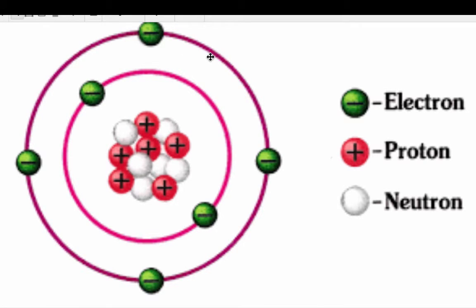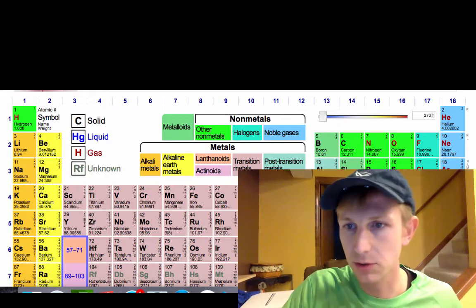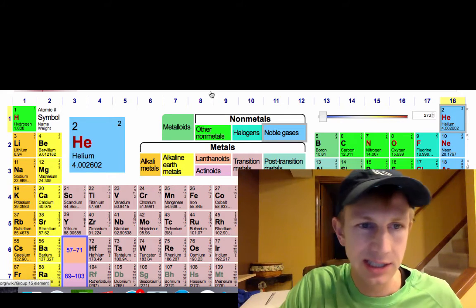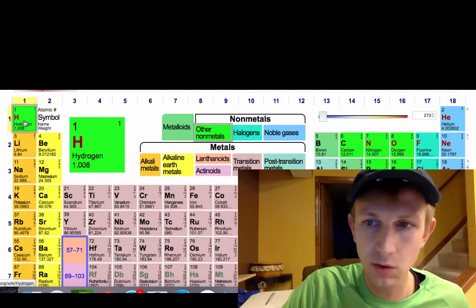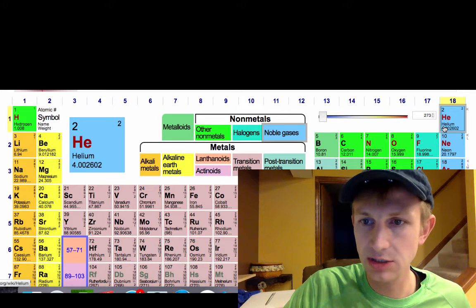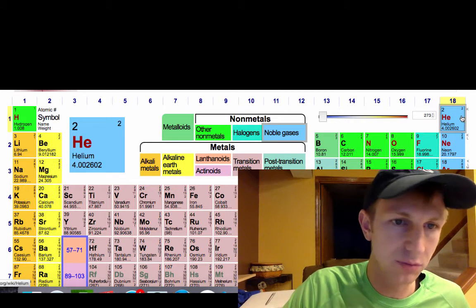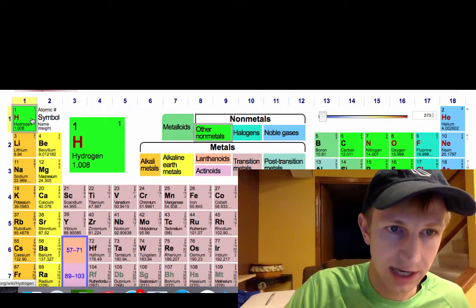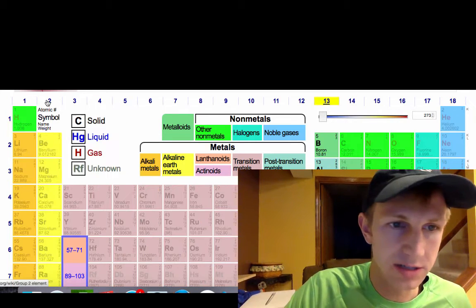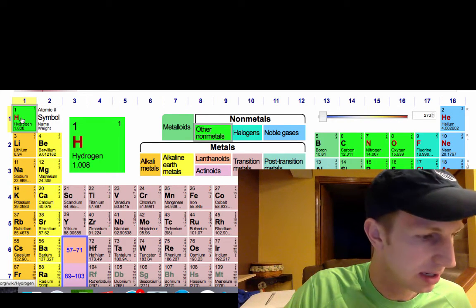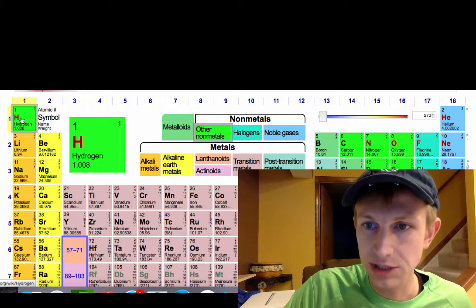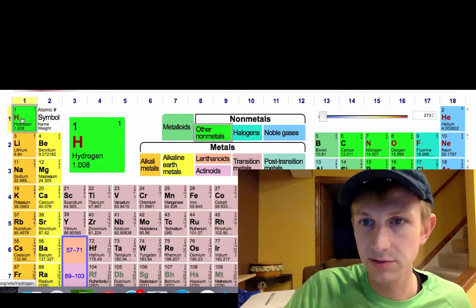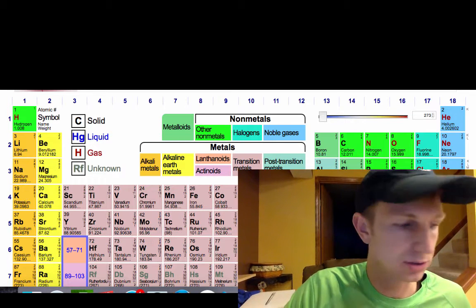So there are 2 exceptions to that, and we're going to take a look at them on the periodic table real quick. Helium and hydrogen are 2 exceptions because they can only hold 2 electrons because they will only ever have 1 shell. Hydrogen and helium are in this first period, and the first period can only hold 1 shell, and 1 shell, the first shell, is always only going to be able to hold 2 electrons.